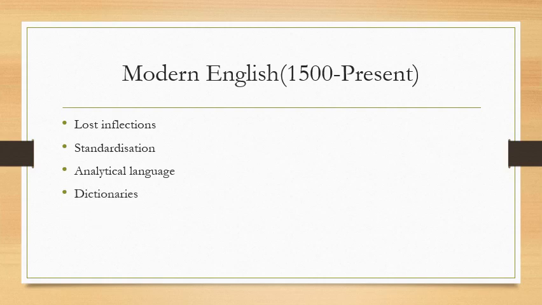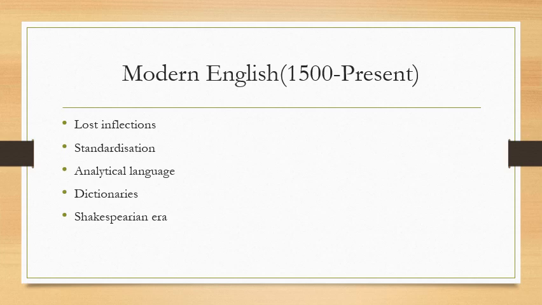Okay, and if you ask me what type of prose or poetry we can find in this era, Shakespeare is the best example of modern English language. He wrote everything in modern English.